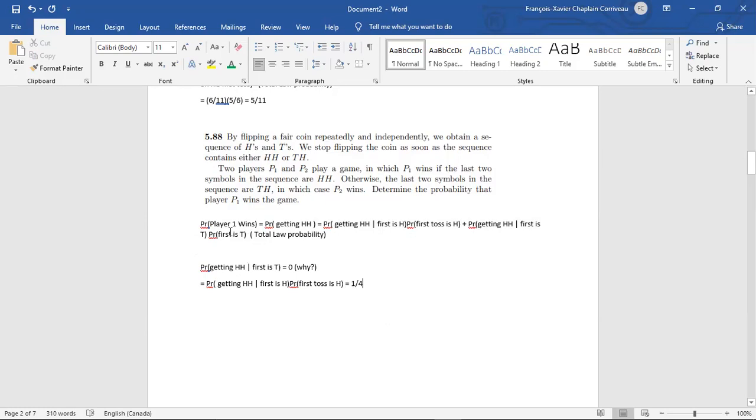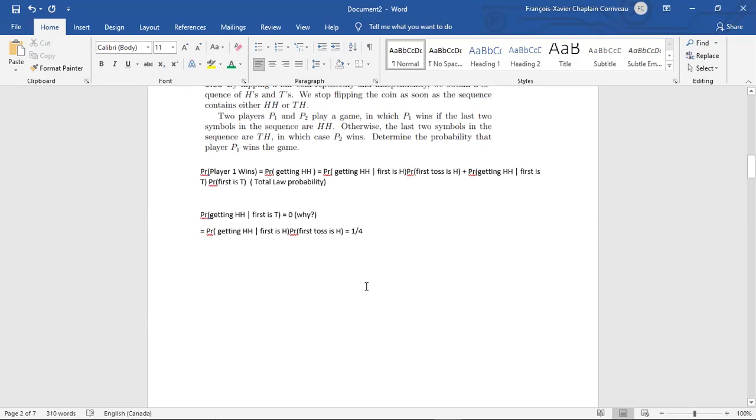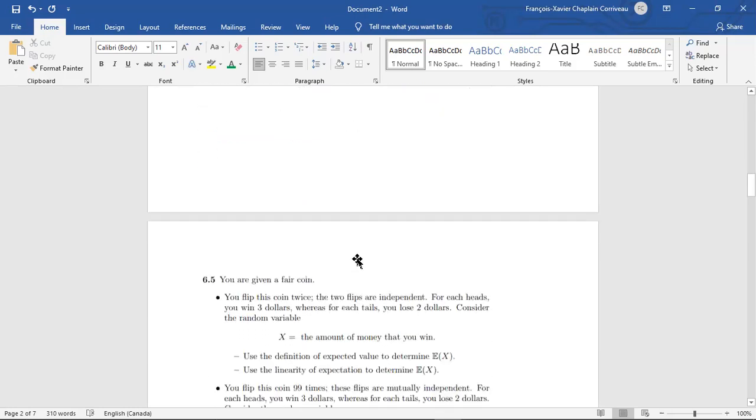So the probability, like all of you said, that player one wins is a fourth. And I think that's all we wanted, right? The probability that player 2 wins is 3/4. So it's not a very fair game. Well, actually, this was not as hard as I thought it would be.